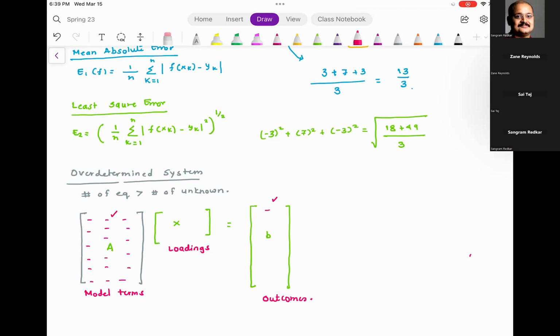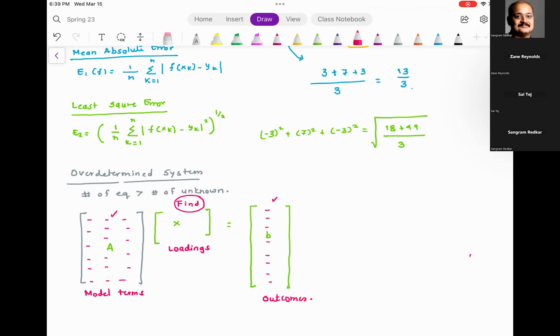Sometimes the data for certain Bs may not be available. So despite these practical problems, you have to find out these loadings that somehow satisfy most of these equations given by Ax equals B. So how do we solve this type of problem?